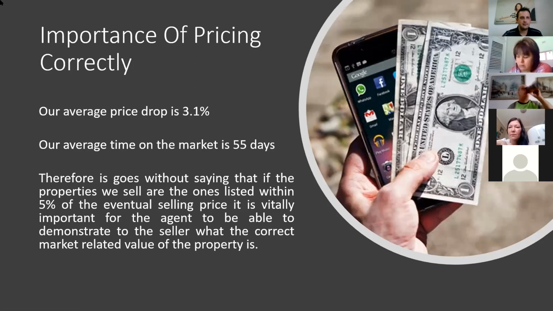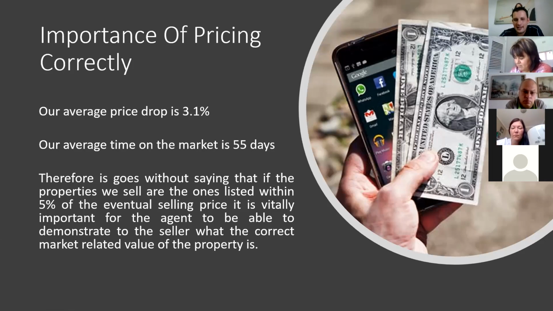Alrighty. So the importance of pricing correctly. Now we know that our Harcourts stats tell us that our average price drop is 3.1%, and our average time on the market is 55 days. Okay, I actually think it's dropped to 51 days.